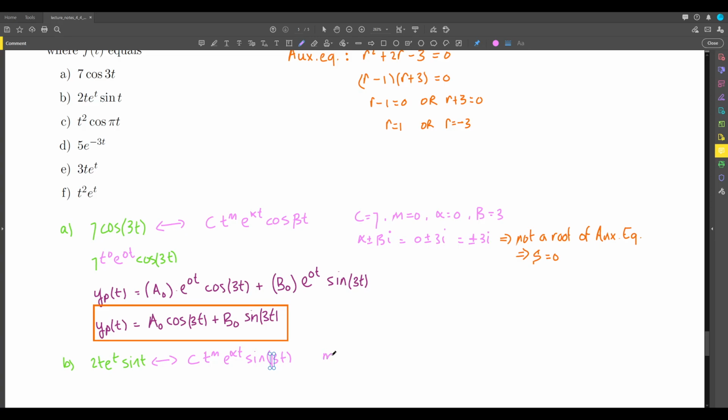So I have that m is the power of t, and so that's t to the power 1. So m equals 1. And then alpha is the value in front of the t here. That's a 1 as well. So I have alpha equals 1. And then finally beta, that's the value in front of the t. So beta equals 1 as well.